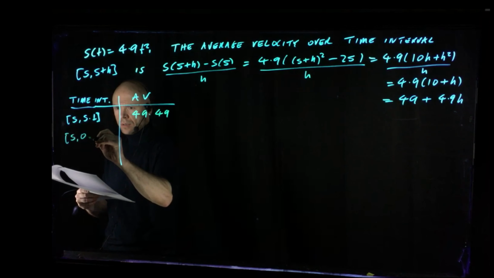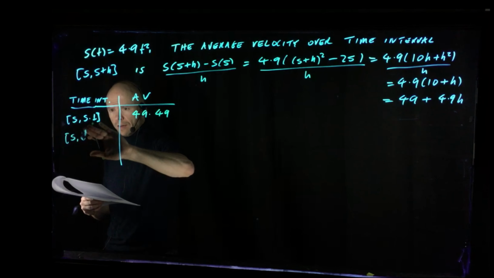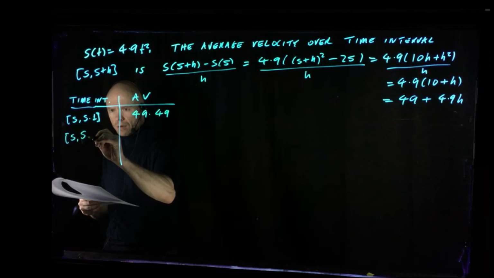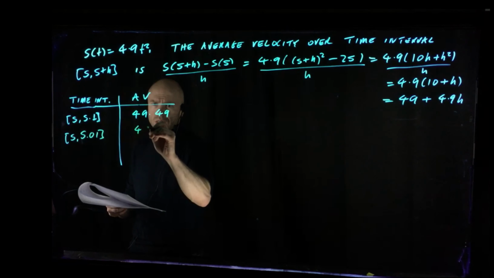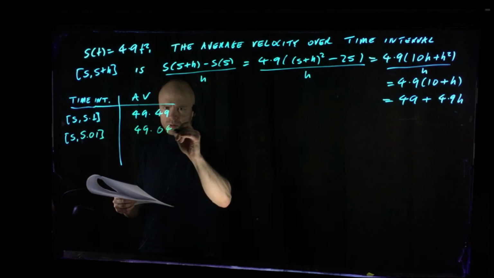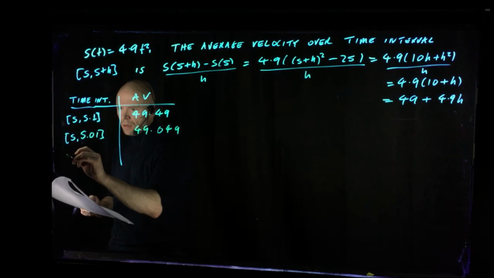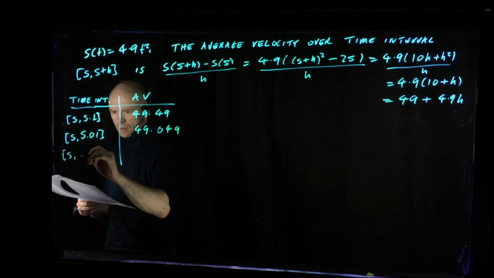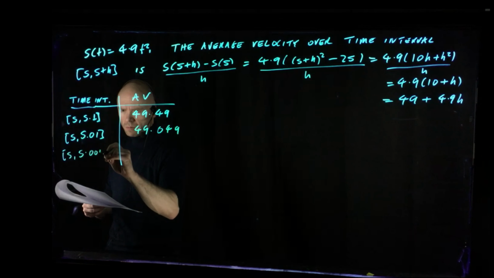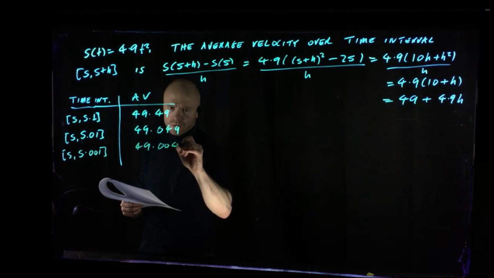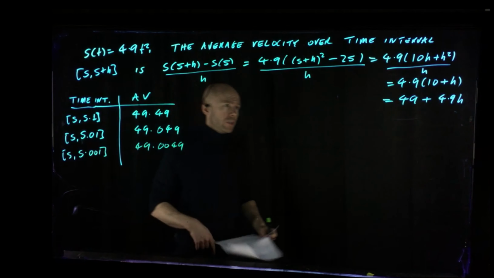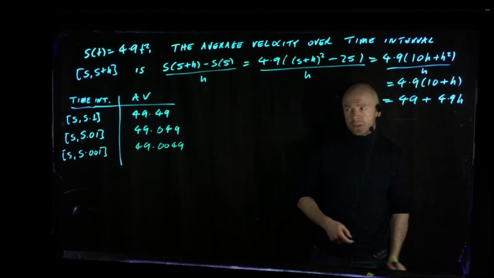And if we do 5 to 5.01, we're going to have 49.049. And if we do 0.001, we have 49.0049, which you can see from just plugging in the h directly into this.